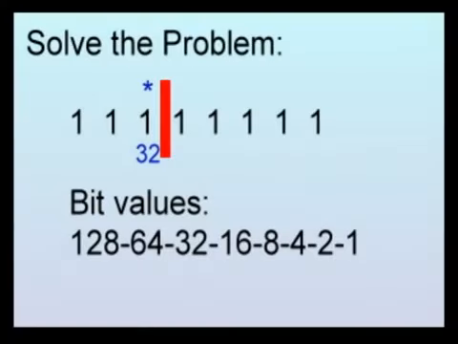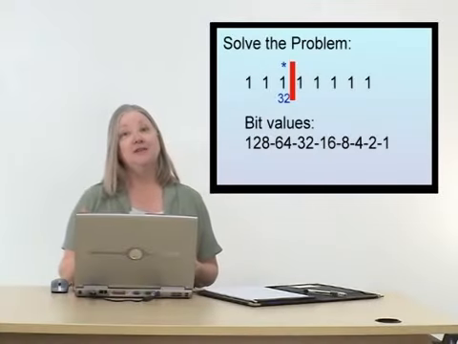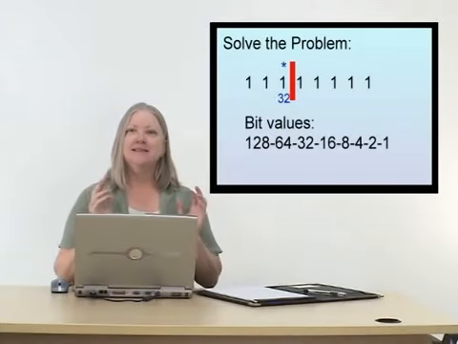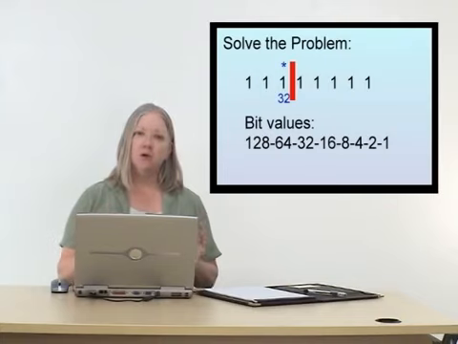We're going to count over 3 bits from the left and draw a line there. Now, remember our bit values? 128, 64, 32, 16, 8, 4, 2, and 1. That third bit has a value of 32. That's our increment. I like to think of it as the magic number because that's going to help us solve another part of this question.